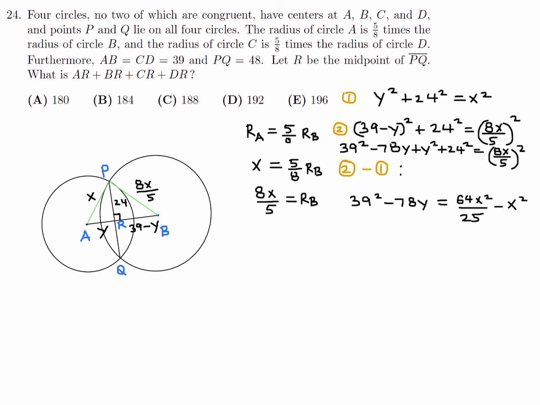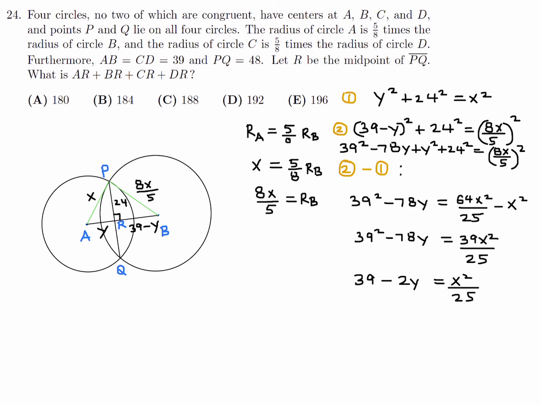And when you simplify this, you get 39 squared minus 78y. And this one will give you 39x squared over 25. Divide through by 39, and you're left with 39 minus 2y is equal to x squared over 25. Okay, so that's some pretty decent progress.